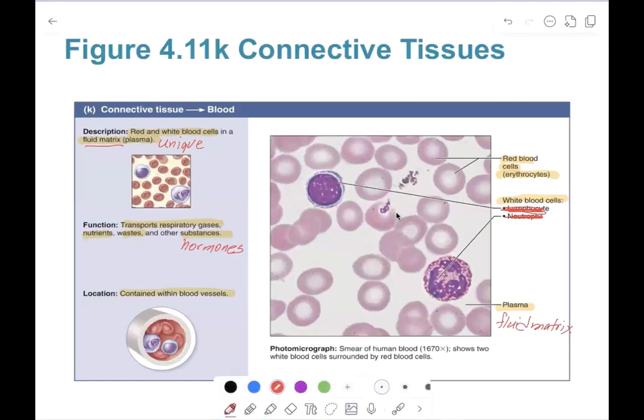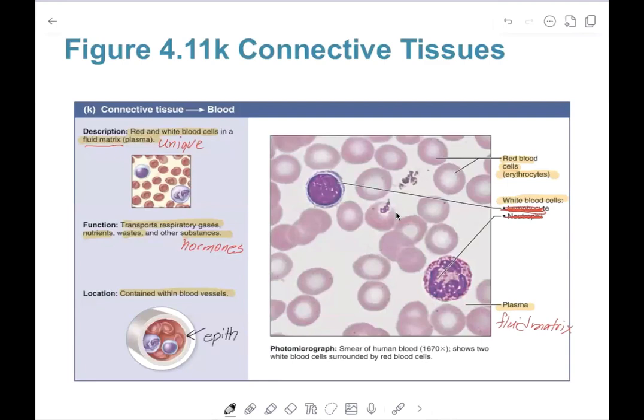And I'd like you to pay attention to the surrounding cells of a blood vessel. So the type of tissue that lines or forms a boundary in places like the blood vessel is epithelium.